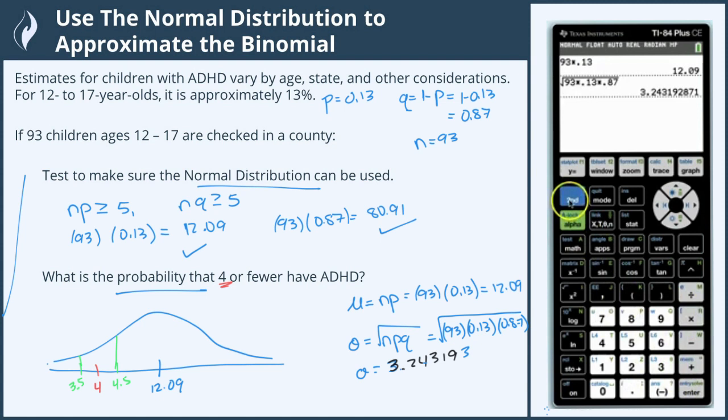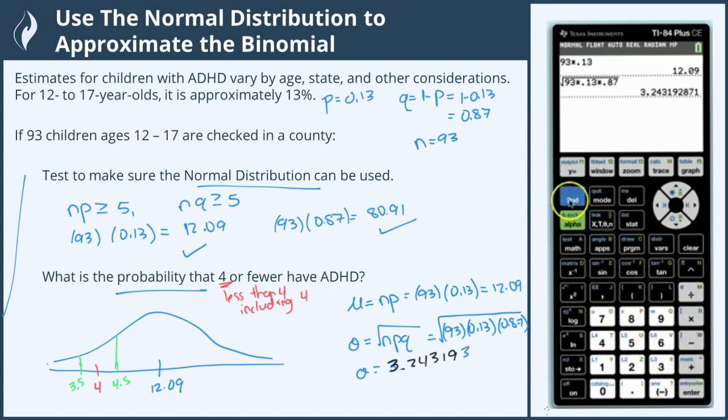Now, if I want the probability that 4 or fewer, that means less than 4, including 4. And when I talk about less than in terms of probability, I'm talking about an area to the left.